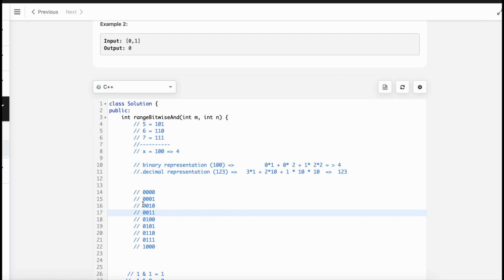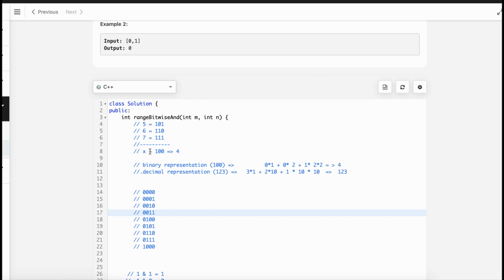And in fourth position there are eight zeros and again eight ones, eight zeros, eight ones. In this way the pattern will go on.